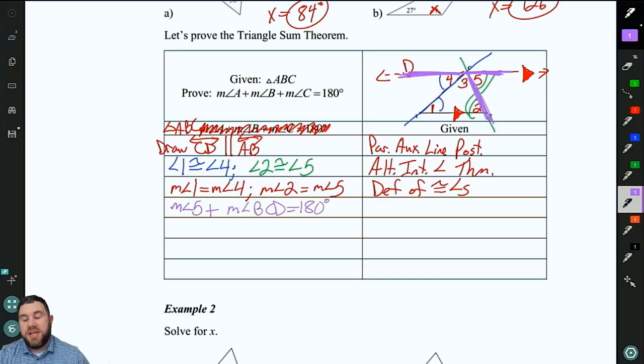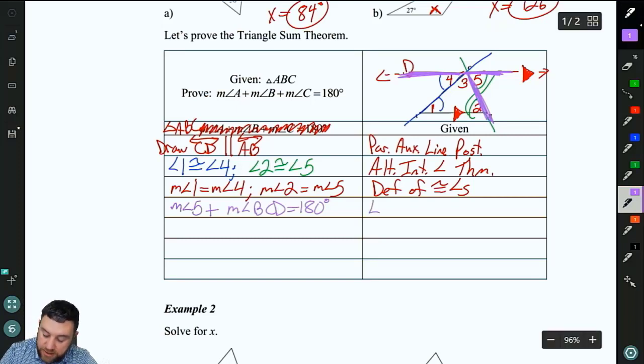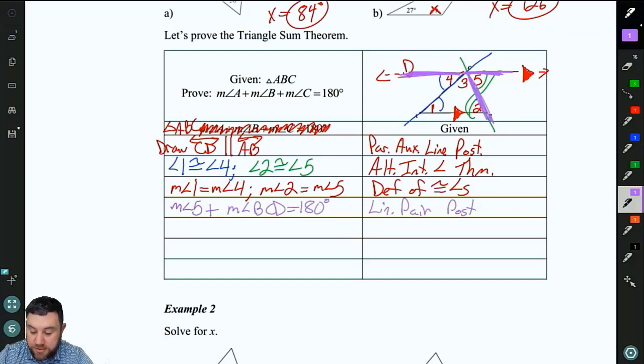So the two angles that I've outlined there in purple form a linear pair, and the linear pair postulate says that they are supplementary, they add up to 180 degrees.